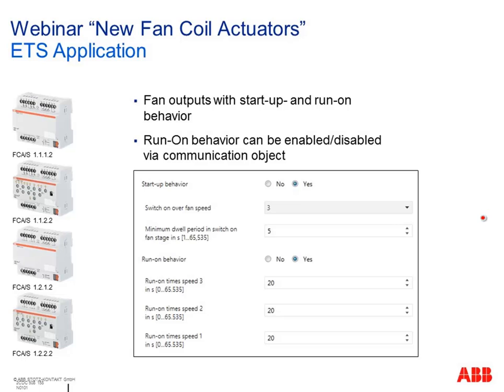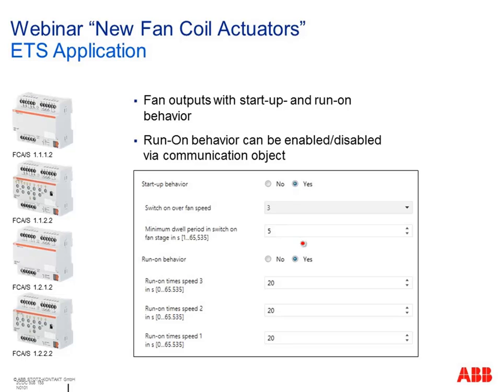And last but not least, this very interesting new parameter, run-on behavior. It's together with the start-up behavior, one parameter block. Let me explain here. Start-up behavior is not new. It allows you, if you start the room temperature control in your room, to run at a certain fan speed level for a certain time.